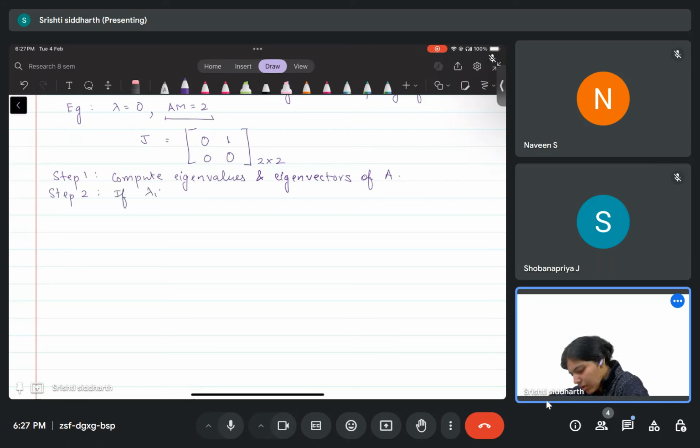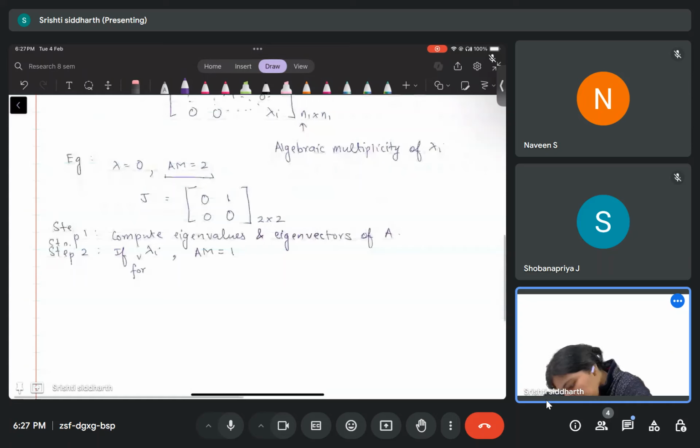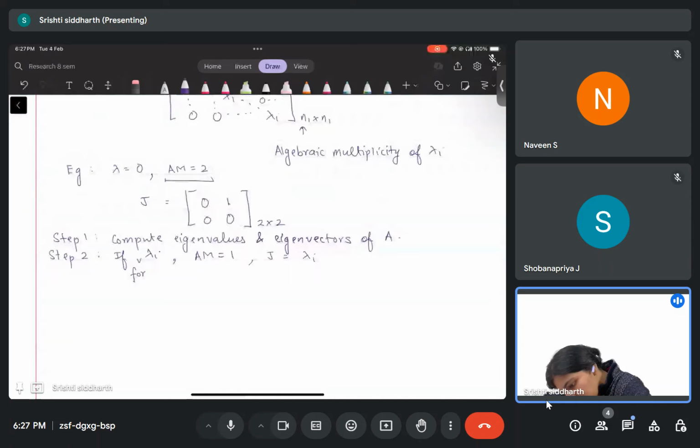If the algebraic multiplicity is 1, that just repeats once, so the Jordan block would just be a constant, which is exactly lambda i. If for lambda i you have algebraic multiplicity 2, then the Jordan block would look something like this, and so on for higher orders of algebraic multiplicity.